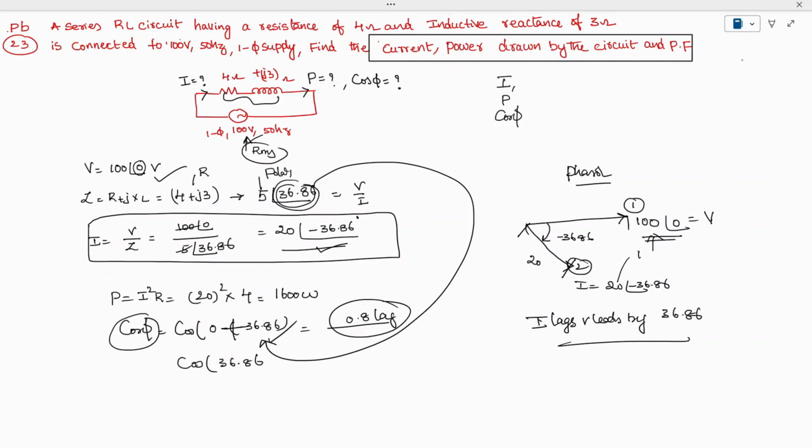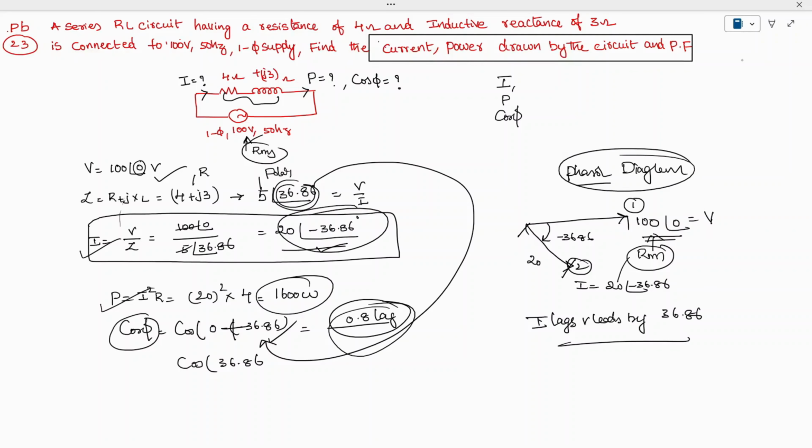This is also an RMS quantity, and this is also an RMS quantity. So this is how we find the current. This is the amount of current. The power drawn of 1600 is your answer, and the power factor is 0.8 lag, and this is the corresponding phasor diagram. If it is asked in the exam, you can draw the phasor diagram.